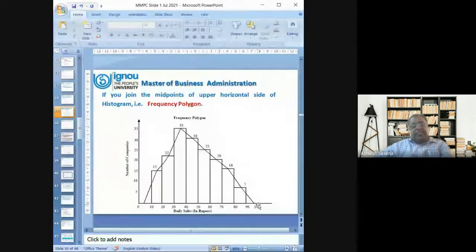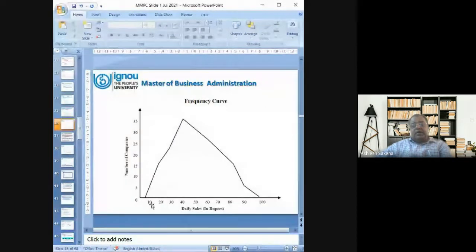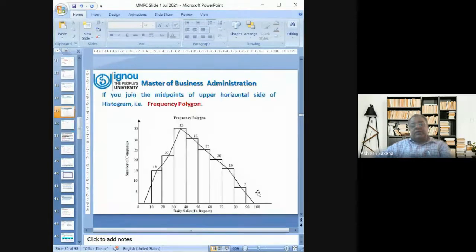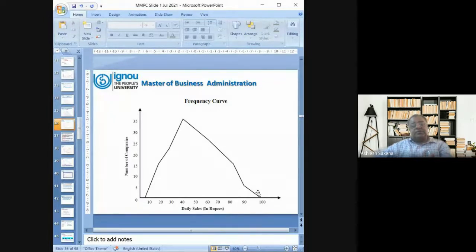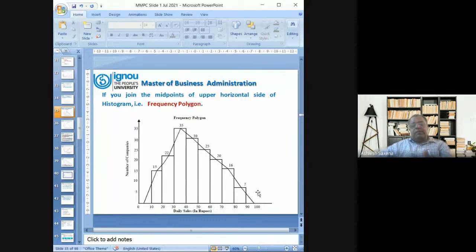This is the end. And what we get is the frequency polygon. This is the pure frequency. The bar chart has been removed. The histogram has been removed. A frequency polygon is drawn by joining the midpoints of the tops of the histogram.